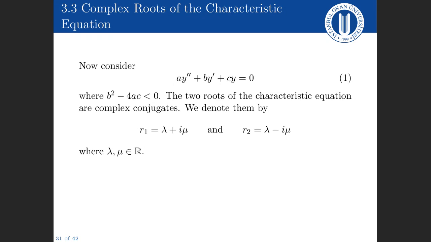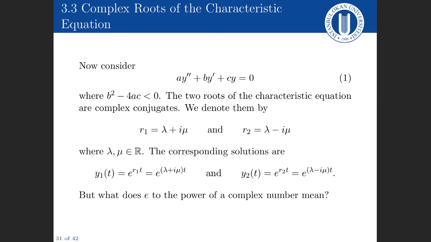And I choose to write them like this. R1 I'm going to write as lambda plus i mu, and R2 I'm going to write as lambda minus i mu, where lambda and mu are real numbers. And we have the corresponding two solutions: e to the power R1 t, or e to the power (lambda plus i mu) t, and our second solution is e to the power R2 t, which is e to the power (lambda minus i mu) t.